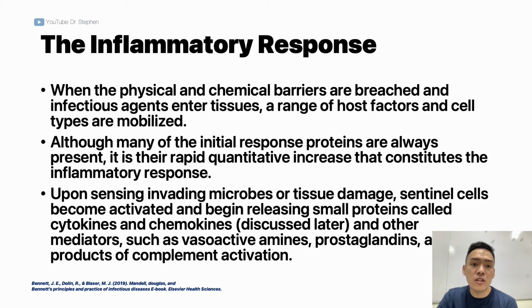Although many of the initial response proteins are always present, it is the rapid quantitative increase that constitutes the inflammatory response. Upon sensing invading microbes or tissue damage, sentinel cells become activated and begin releasing small proteins called cytokines and chemokines, and other mediators such as vasoactive amines and prostaglandins, as well as products of complement activation.